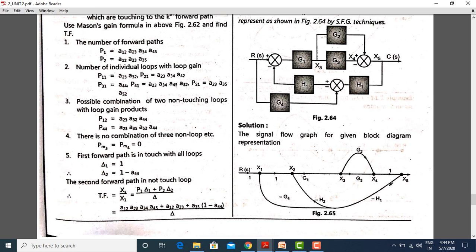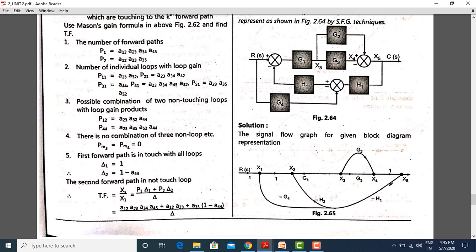Now here we can see, I'll just show you how to convert this block diagram into signal flow graph. Here are 1, 2, 3 summing points. Here we can see how many takeoff points and how many nodes are there.